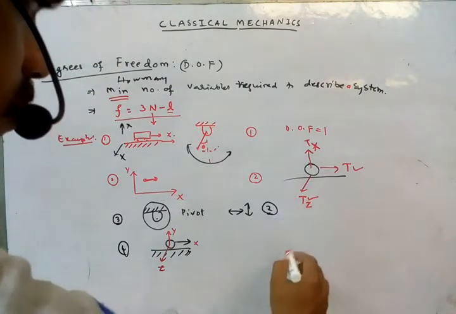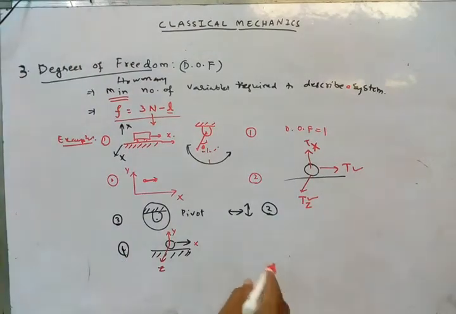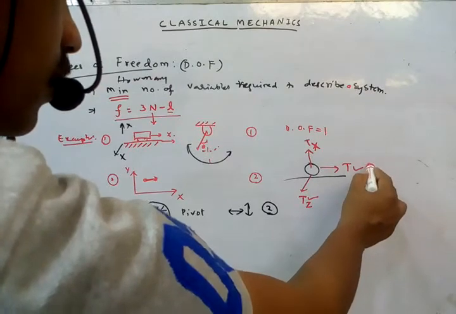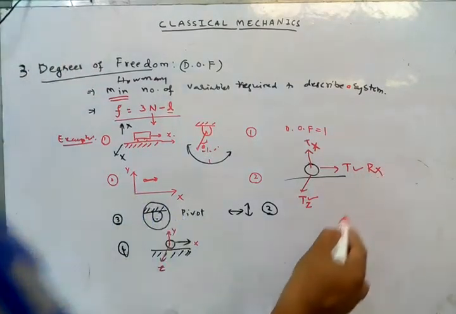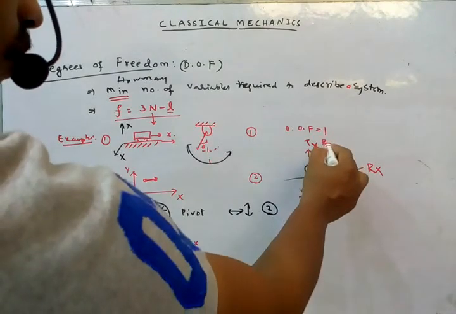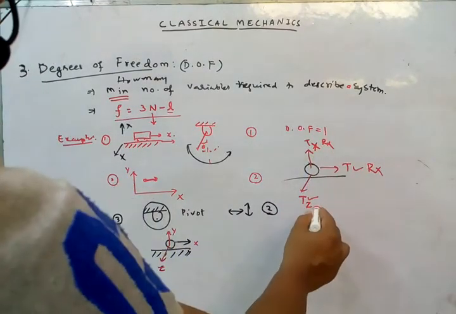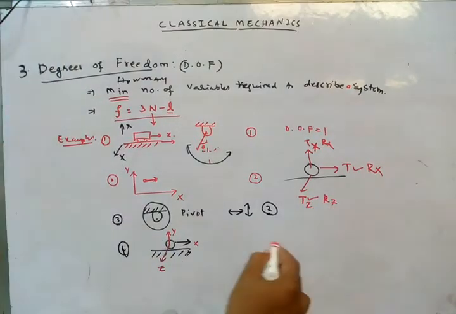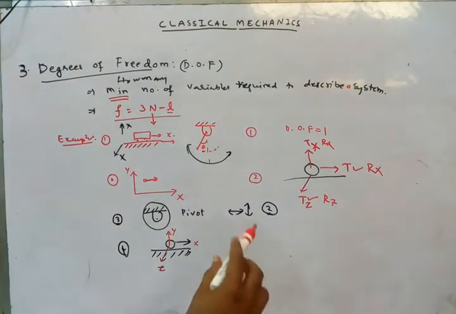Next we move to rotation. Is rotational motion there about the x direction? No. Rotation about the z direction is there. So how many are here?